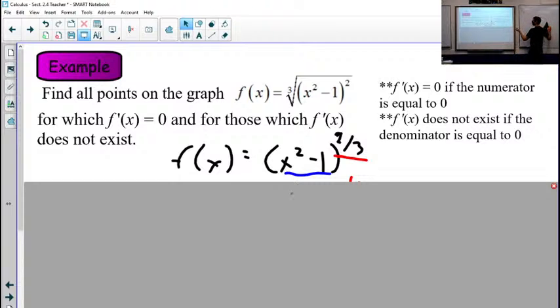So normally our derivative of the 2/3 power would be 2/3 times x squared minus 1 to the negative 1/3. But that's not all, because we also need the last part of the chain rule, times the derivative of the inside part. Derivative of x squared minus 1, well, that's going to be 2x minus the derivative of 1, 0.